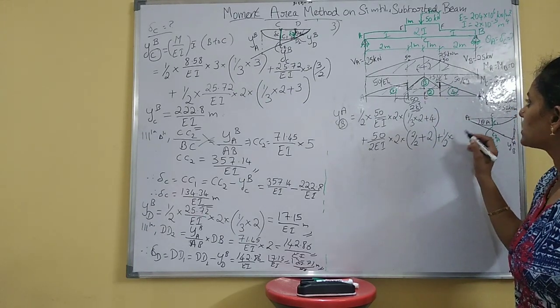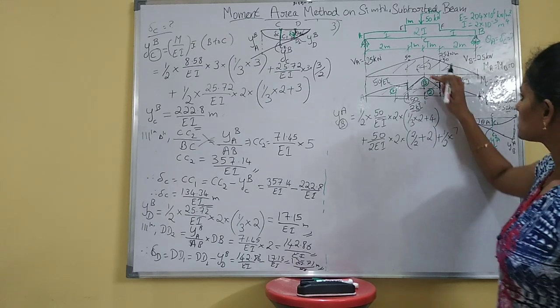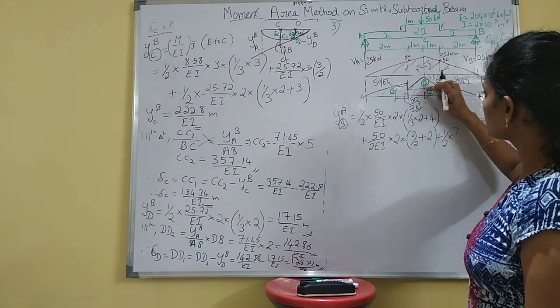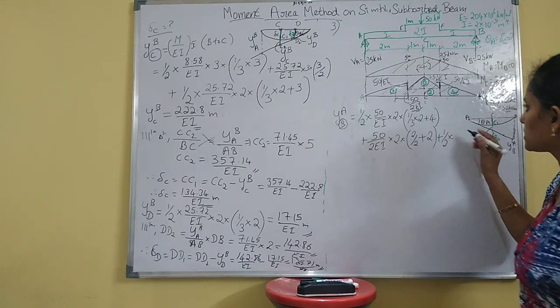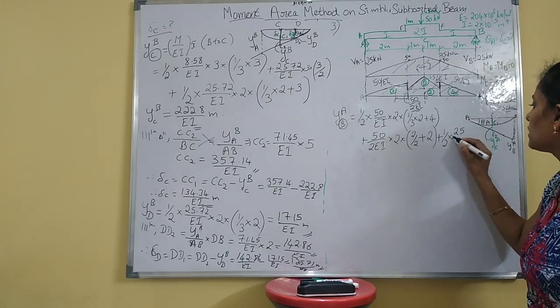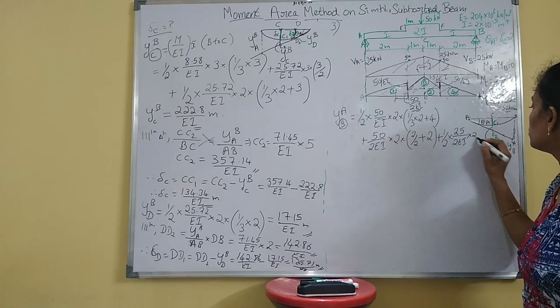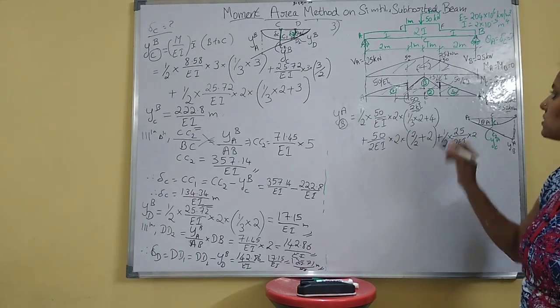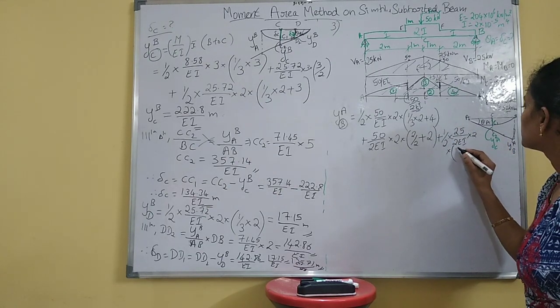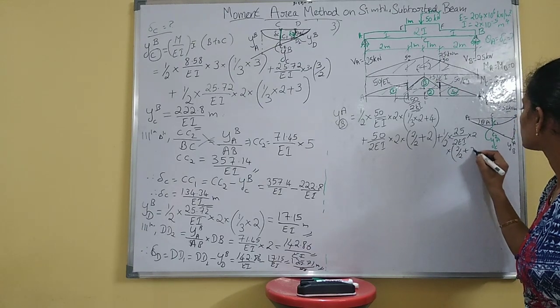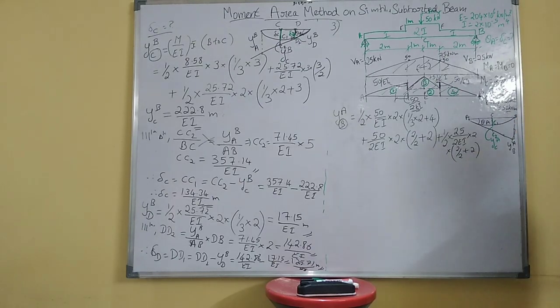Half into base into height, total is 75, this is 50, so it will be 75 minus 50, that is 25 by 2EI into 2, and the distance is half of it, that is 2 by 2 plus 2. Is it clear?